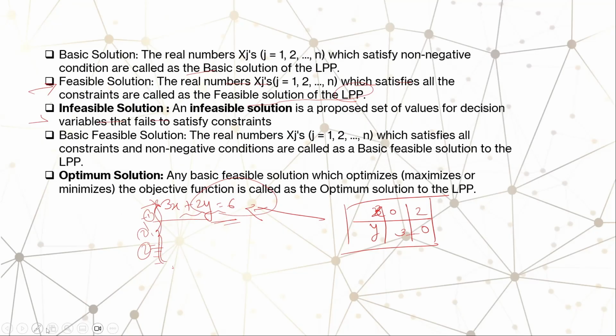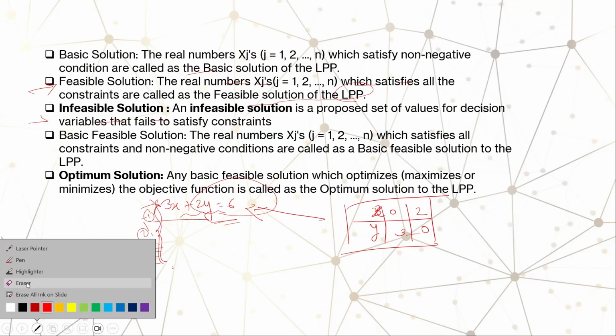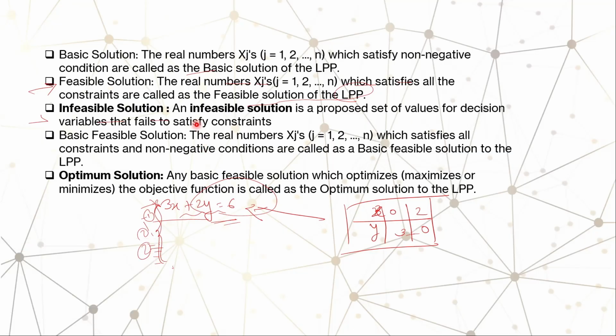I hope you understand the definition of feasible solution. You have to just remember this definition. These are very important definitions. Next is infeasible. This is the opposite of feasible solution. The feasible solution speaks about the values which satisfy all constraints, whereas an infeasible solution speaks about the values which fail to satisfy the constraints.